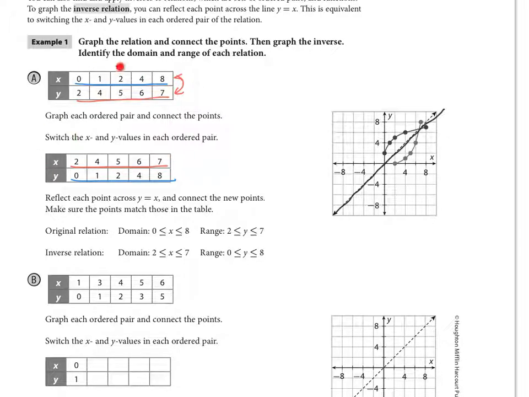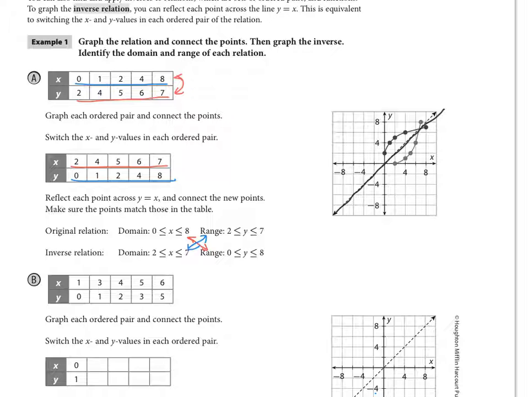This is a more mathematical or algebraic relationship. Now, what happens in terms of the domain and range? Whatever was the domain on the original now becomes the range on the inverse. And the same thing, the range on the original becomes the domain on the inverse. Why? Because your x's become your y's, and your y's become your x's.